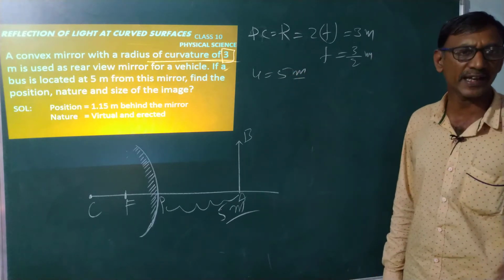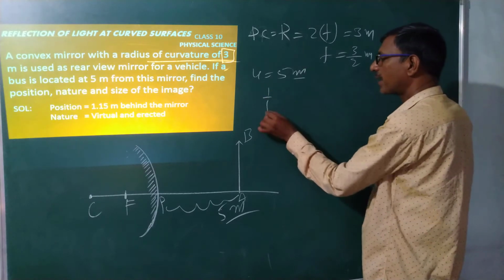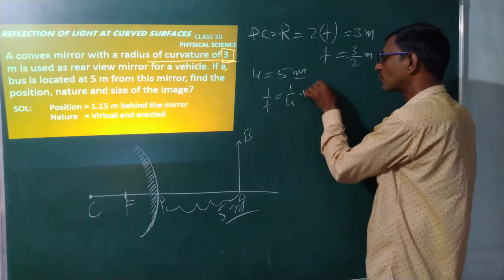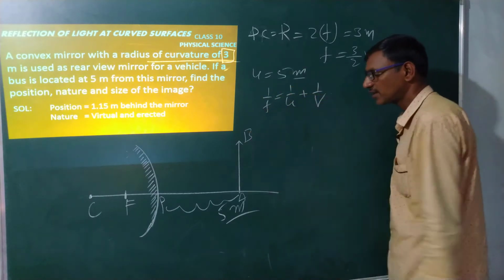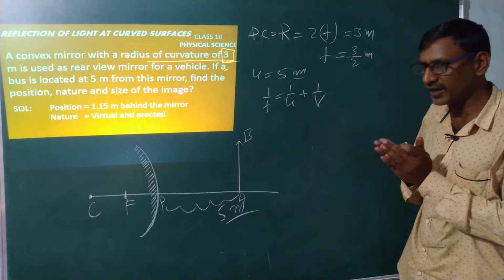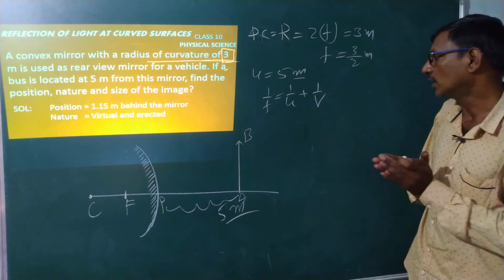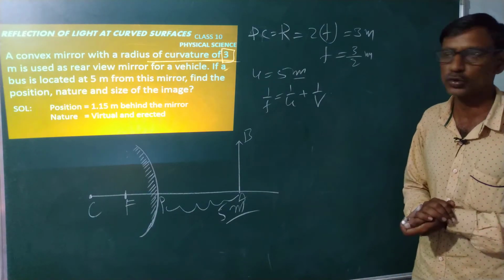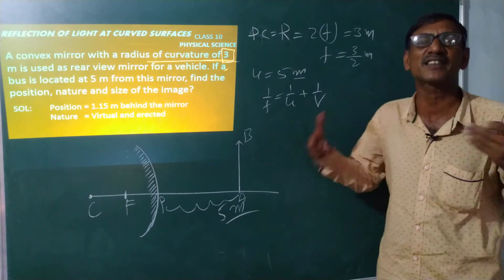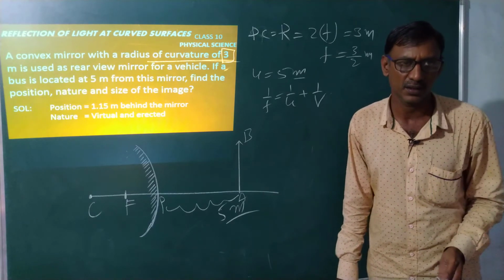We have the mirror equation: 1 by F equals 1 by U plus 1 by V. This is the mirror equation. But we need sign conventions. This is very, very important to solve this problem, to understand the nature and size of the image.